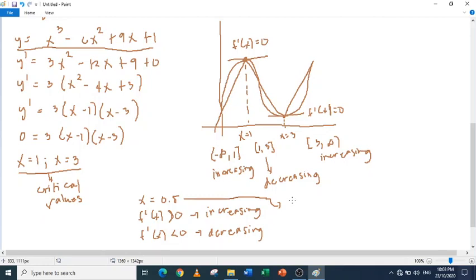Okay, so going back to this, at x is equal to 0.5, so asan ang derivative natin? Okay, ayan. So at f prime of 0.5, just substitute the value. So we have 3 times 0.5 square minus 12 times 0.5 plus 9. So by your calculator, f prime of 0.5 is equal to... So calculate natin.